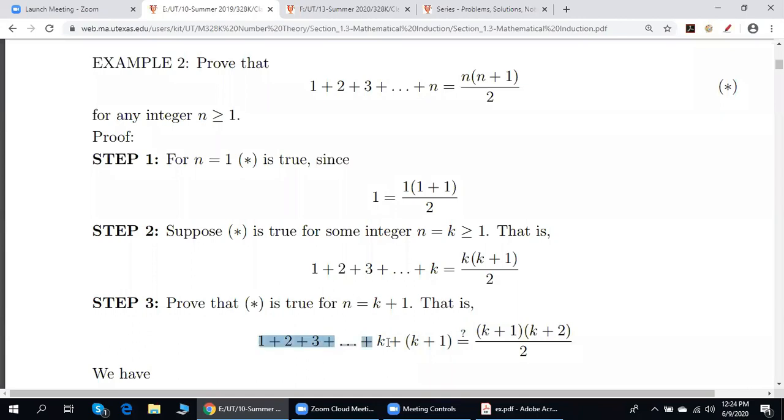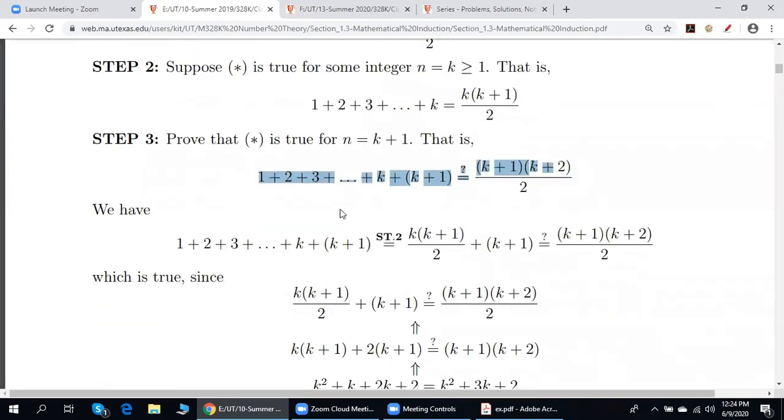So, how do we prove this? As before, we will use step 2. First, let us copy the left-hand side. It's over here. And now, by step 2, the sum of these terms, which is over here, is equal to k times k plus 1 over 2.